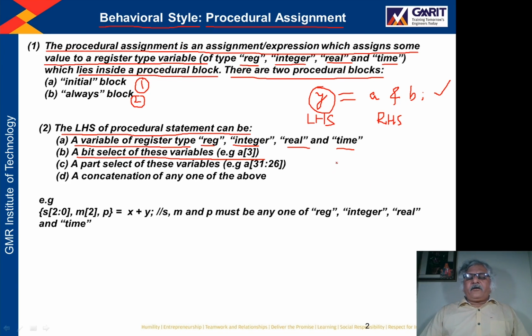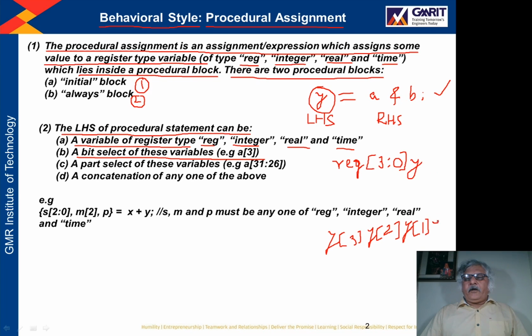Suppose we have declared some reg type which is a vector of 4 elements, 3 colon 0, Y. So here there are 4 elements of the Y: Y3, Y2, Y1, and Y0.